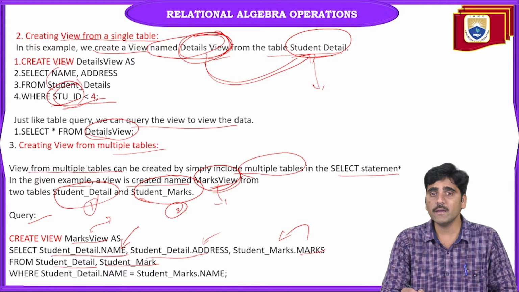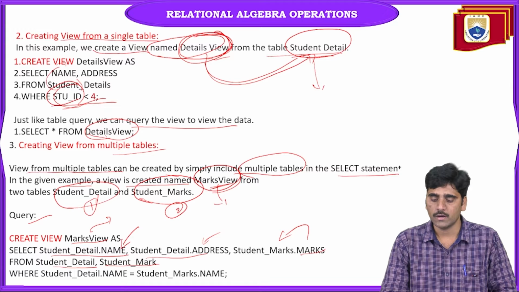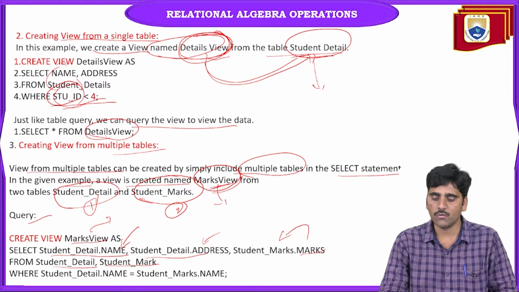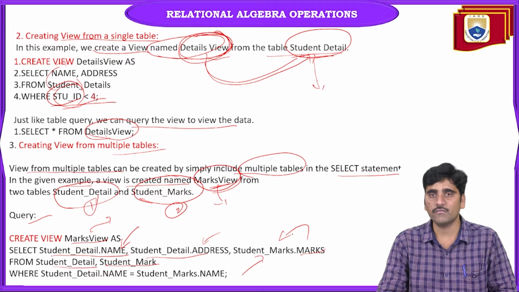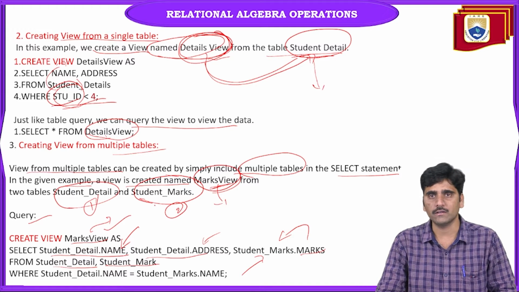So the name column from the student_details table is matched with the name column from the student_marks table. So after matching these fields, when the name column from those two tables is matched, then the view is going to be created.